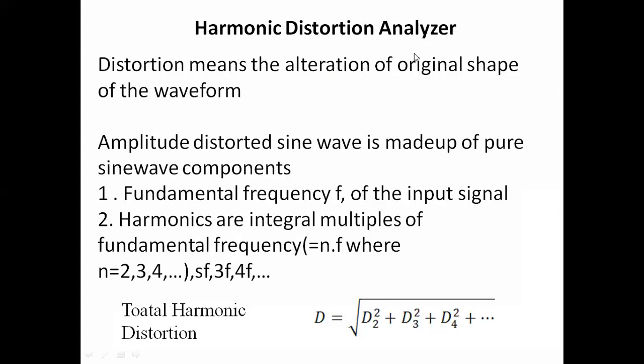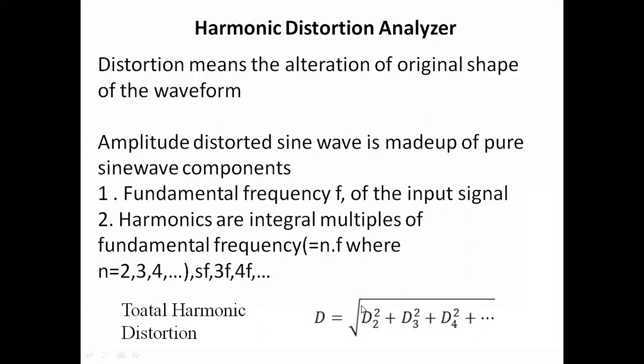For that we have an equation for the total harmonic distortion, or distortion factor. It is given as the square root of the sum of the squares of the individual distortions. Suppose D2 is the distortion of the second harmonic signal, D3 is the distortion of the third harmonic signal, and D4 is the distortion of the fourth harmonic signal.